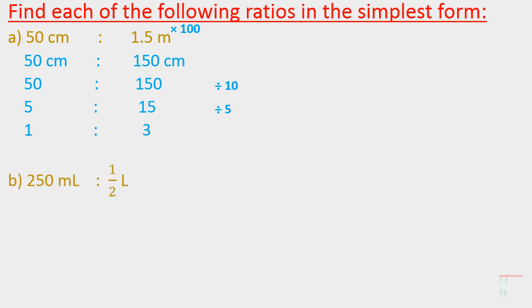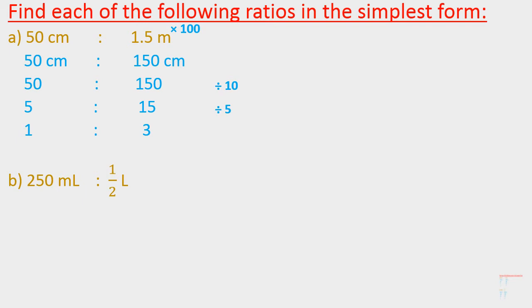Another example, 250 milliliters to half a liter. We must convert from liters to milliliters, but it's better to convert the greater unit to the smaller unit to multiply, and to be easier to simplify the two numbers.